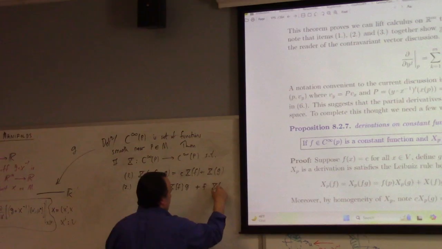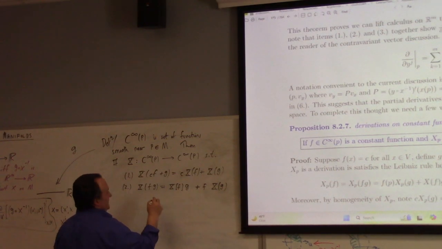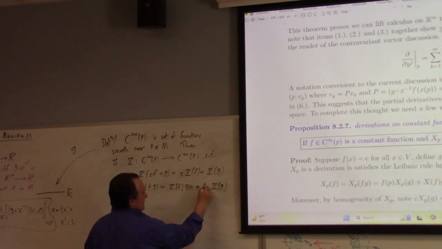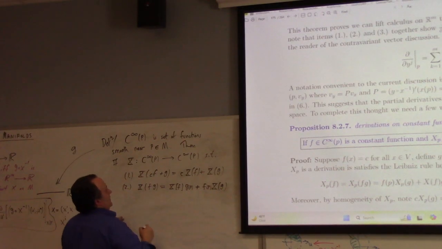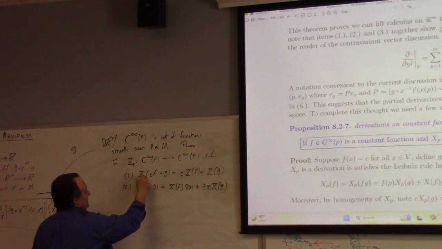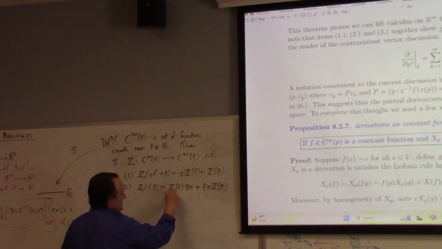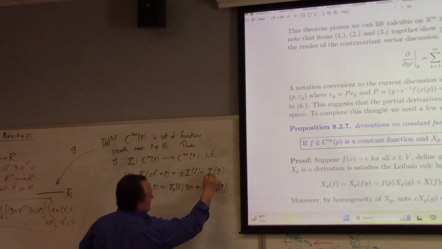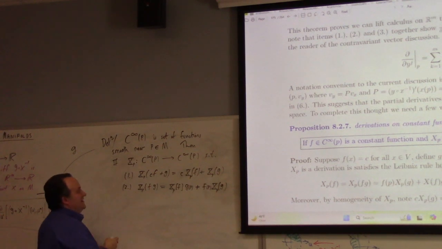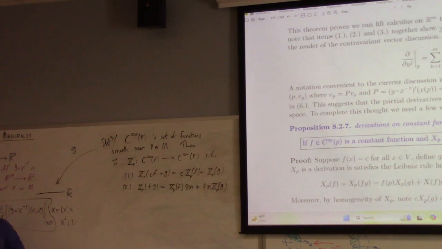I'm feeling guilty here because I am supposed to write the point dependence, so of P. Sometimes I slap a sub P on here just because it feels right, because this is all being done at the point P. So what I'm saying altogether is that X sub P is a linear map on the functions at P, and it satisfies number 2.